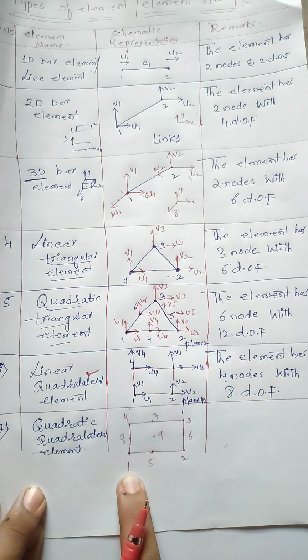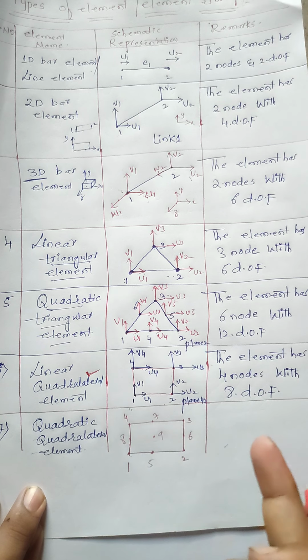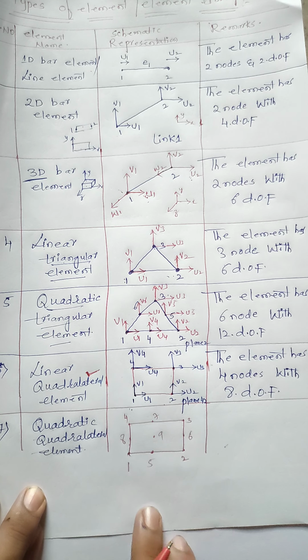Total 9 nodes, and total how many degrees of freedom will be there? 9 times 2, that is 18 degrees of freedom.